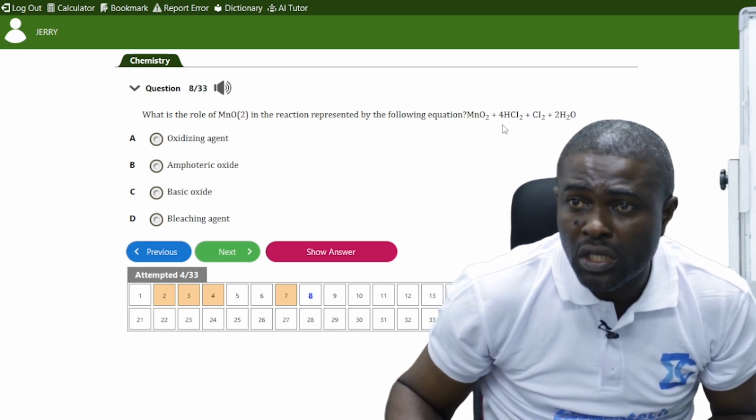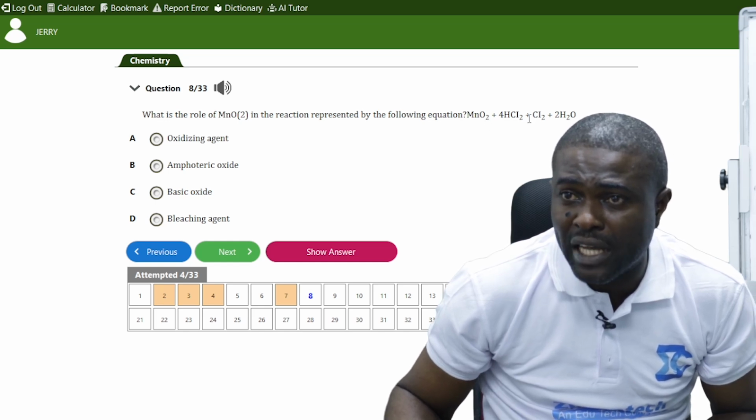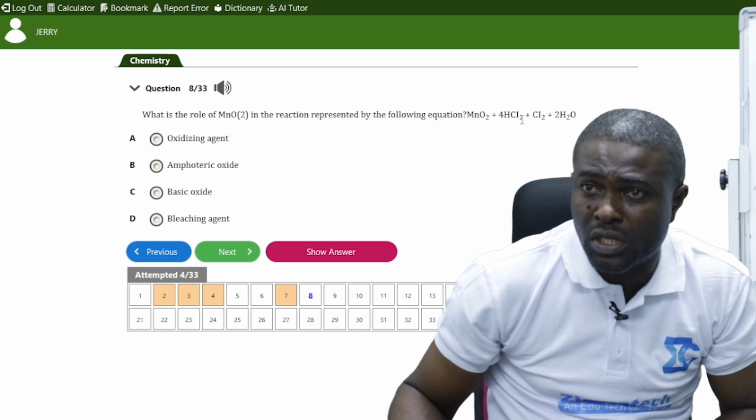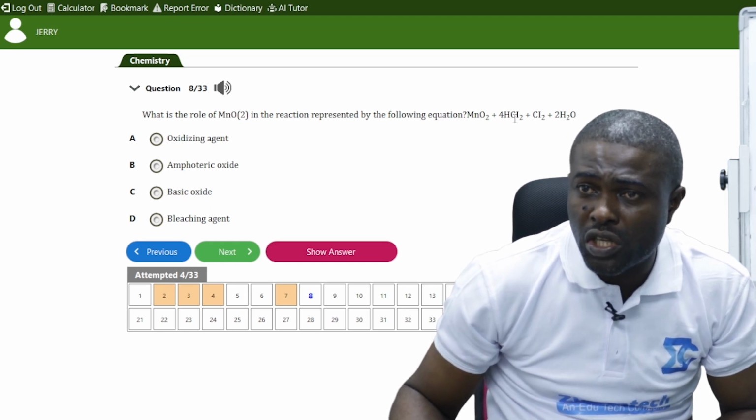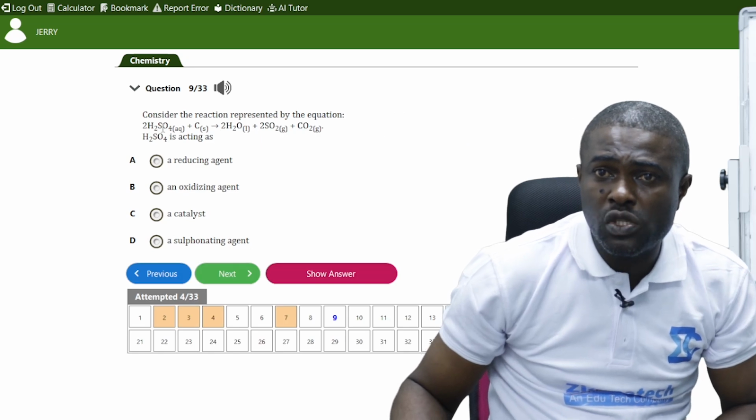It's not an equation. There's no arrow that demarcates the reactant from the product. So the equation is not complete.